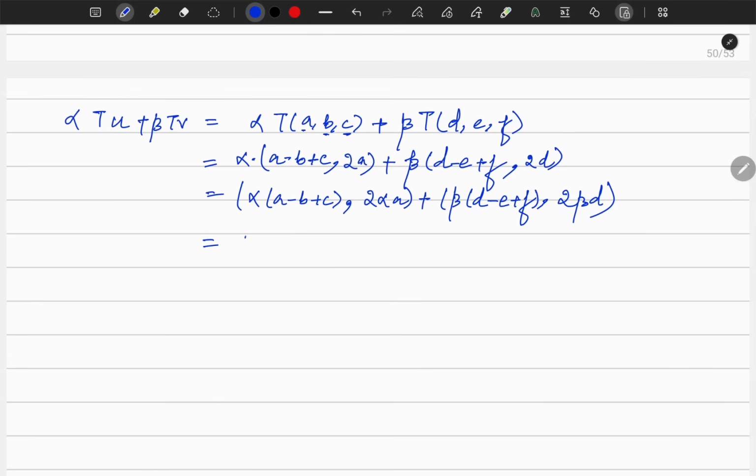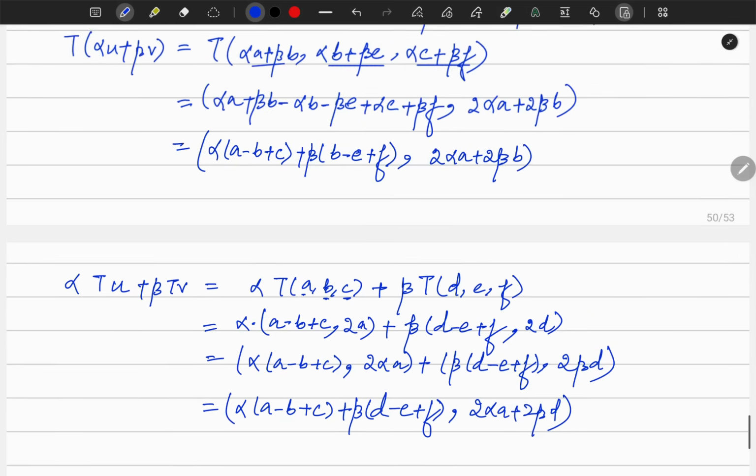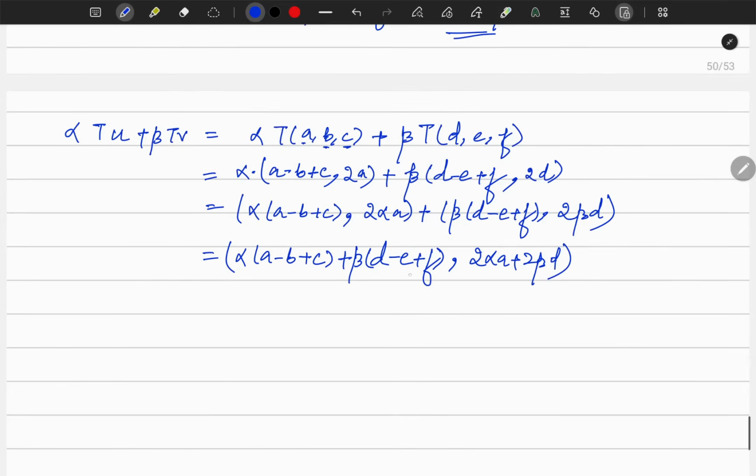So add, and you will get alpha times (a minus b plus c) plus beta times (d minus e plus f), comma, 2 alpha a plus 2 beta d. So you check the LHS here is equal to the RHS.